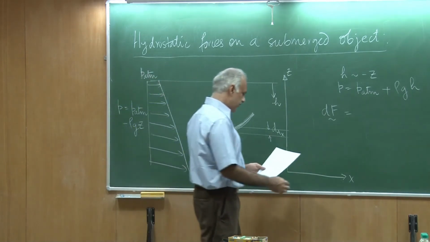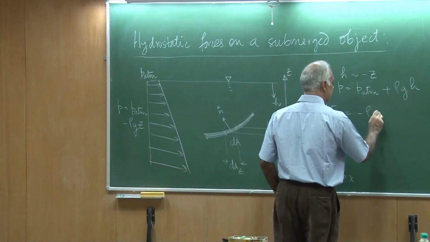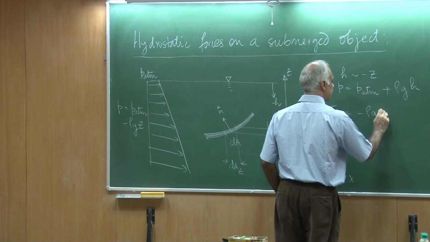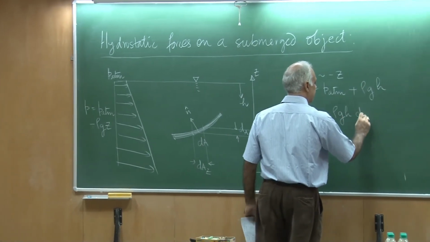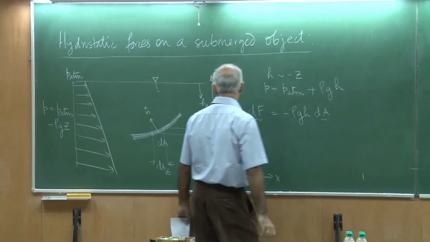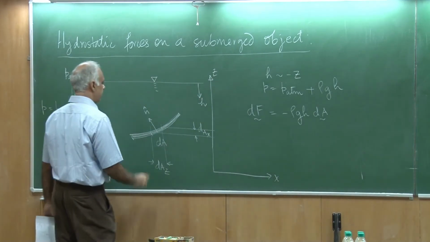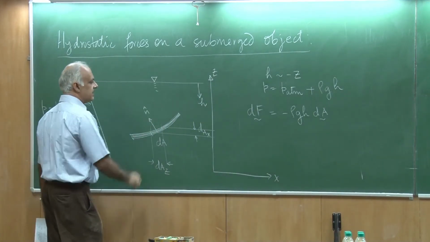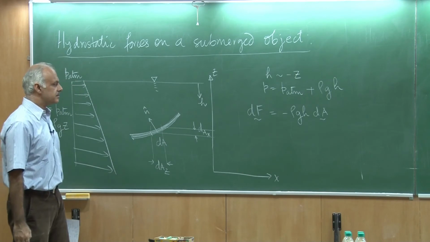And that we know is going to be minus rho g h times dA, where this height is h, as I have shown in the diagram.